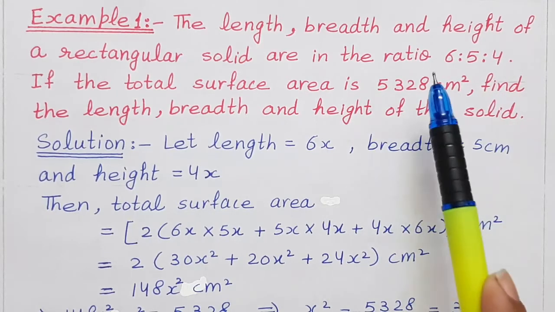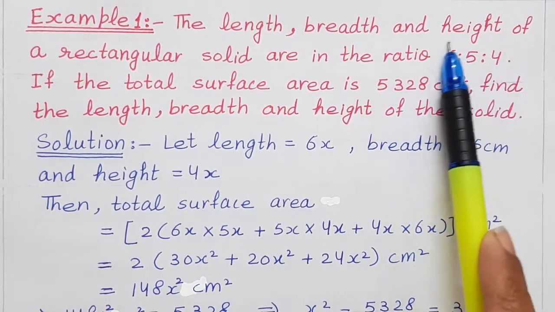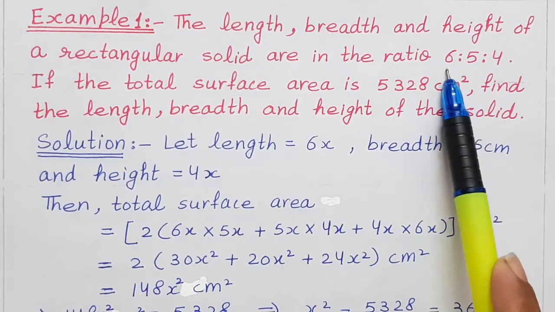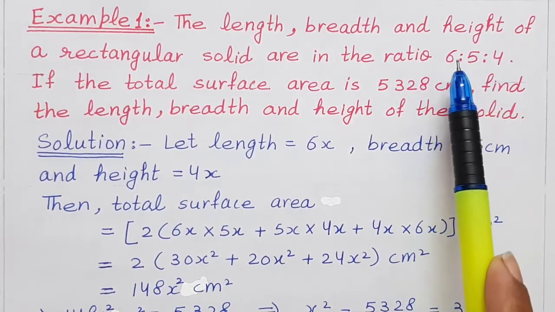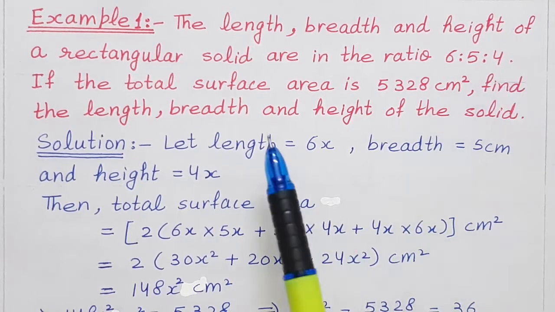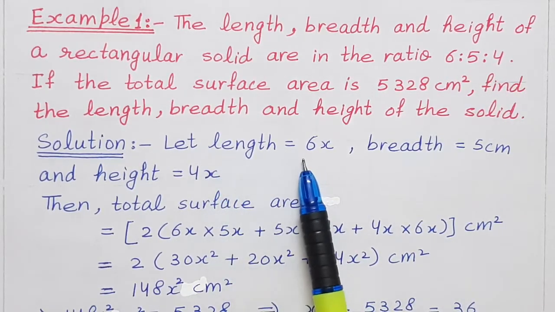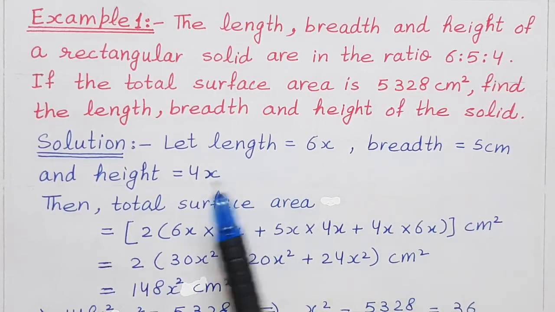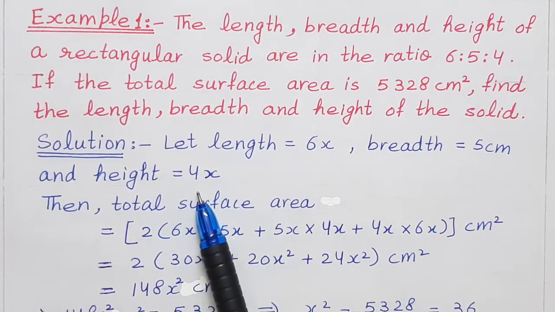Now students, the sides are given in the ratio. So we can assume the sides as 6x, 5x and 4x. That is, length is 6x, breadth 5x, height is 4x.